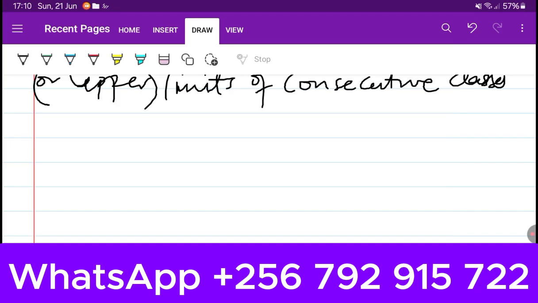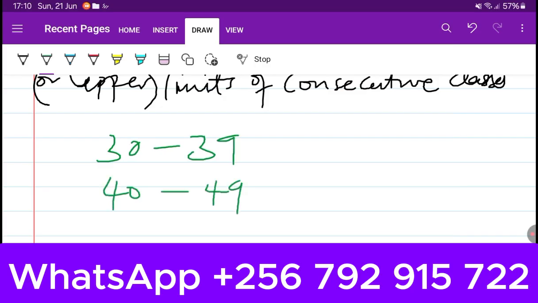If I'm going for inclusive classes, it is 30 to 39, then 40 to 49. They told us in the definition that it is the difference. These are the class limits. If we are using the class limits, we just get the difference between the lower class limit of consecutive classes.